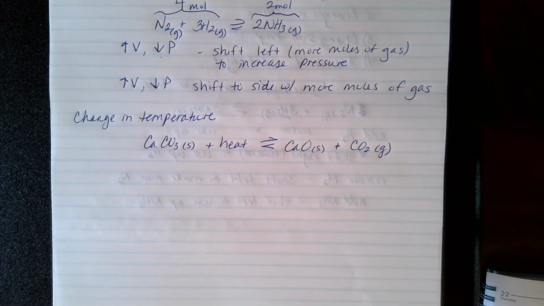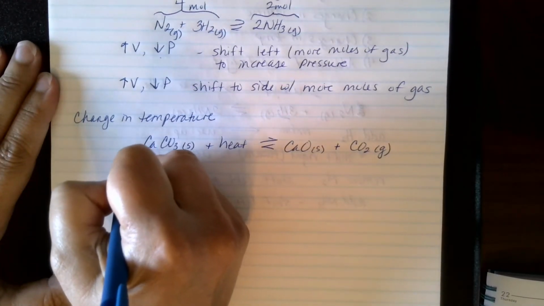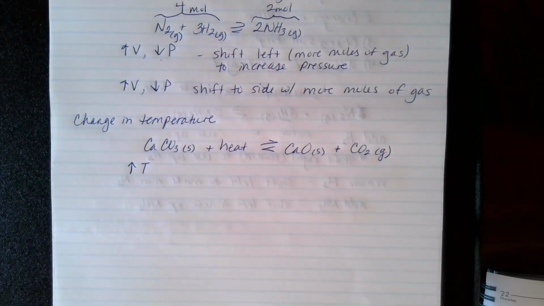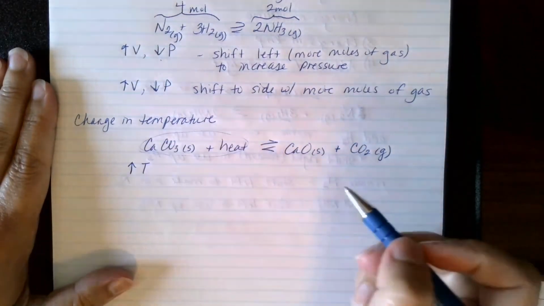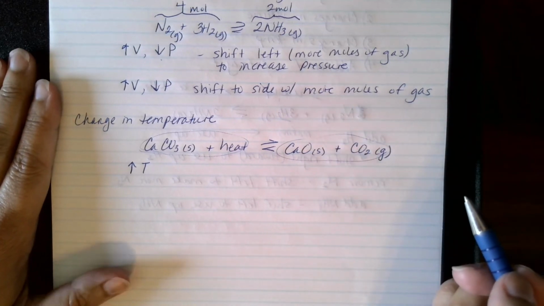Okay, so let's say that I am going to increase the temperature. The reaction says, oh no, that's too hot. I need to cool off. So this side makes heat, makes it hotter. This side doesn't have heat, so that makes it cooler.